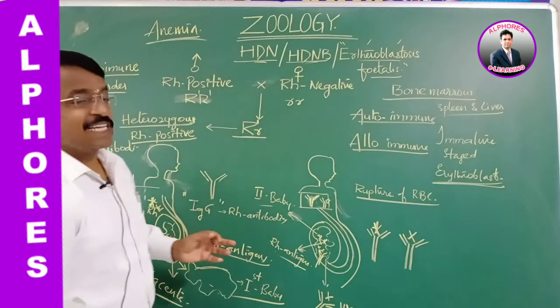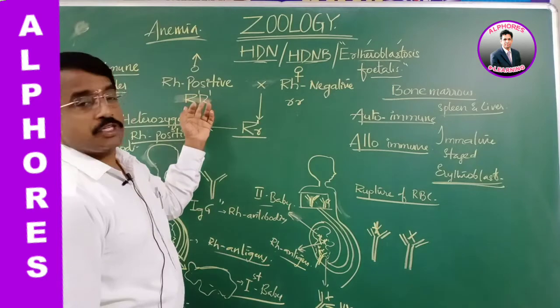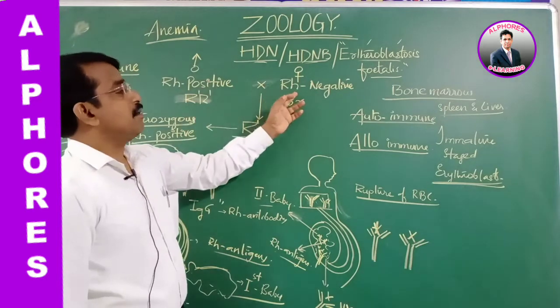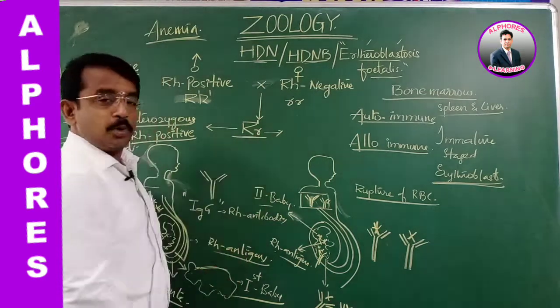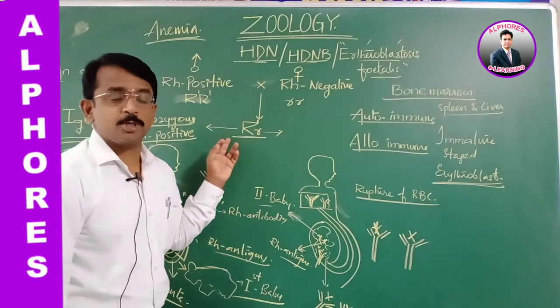The genetic incompatibility between the Rh positive husband and the Rh negative mother results in a baby with Rh positive heterozygous status.